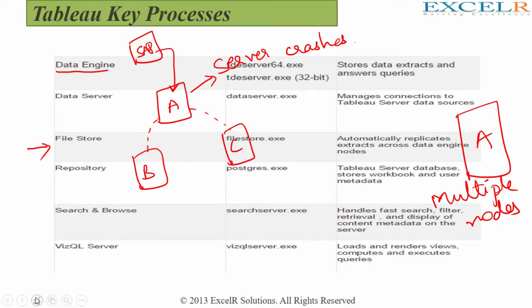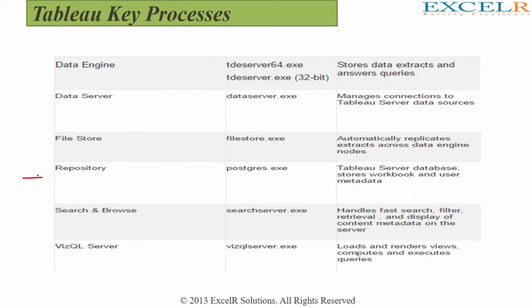All right, now let us discuss the repository. The process name is postgres.exe. The Tableau Server database stores workbook and user metadata. What does that mean? Your repository would contain the details of all the users' permissions.